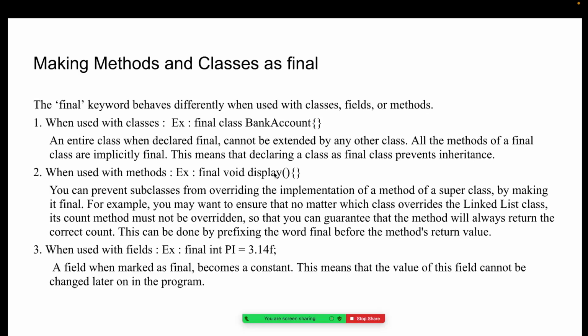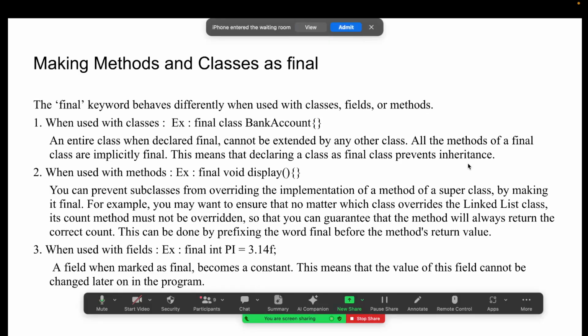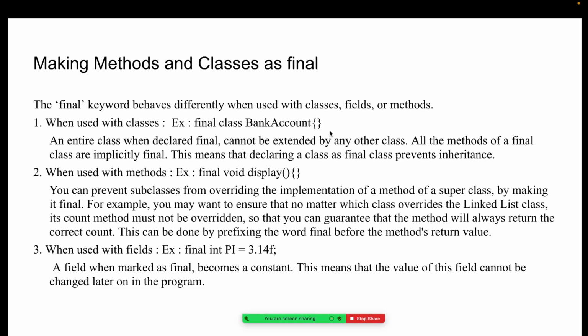Got it? An entire class when declared final cannot be extended by any other class. All the methods of a final class are implicitly final. So declaring a class as final prevents inheritance; your child class cannot extend any final class.